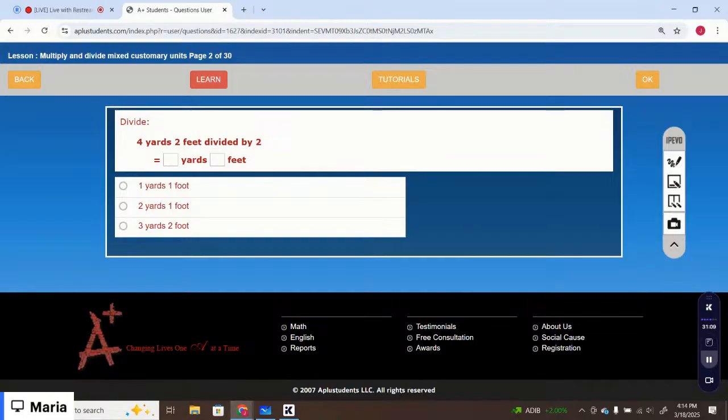You have to divide both the values by 2, right? So 4 divided by 2 is 2 and 2 divided by 2 is 1. So that is 2 yards 1 foot. Option number 2 is the correct option.